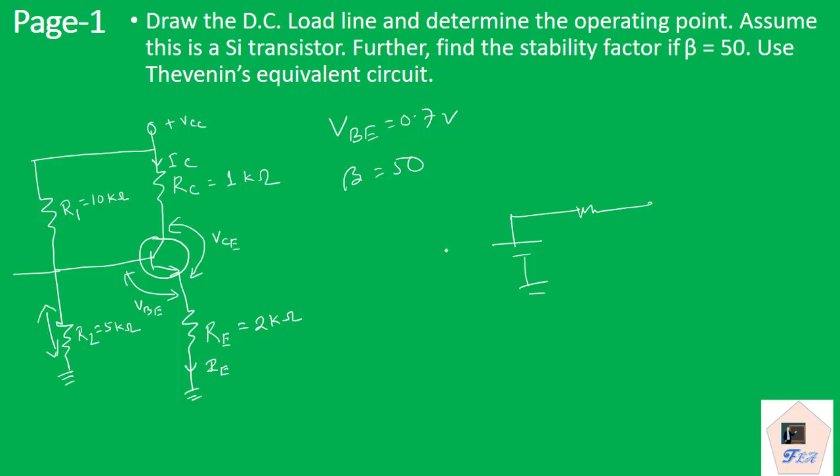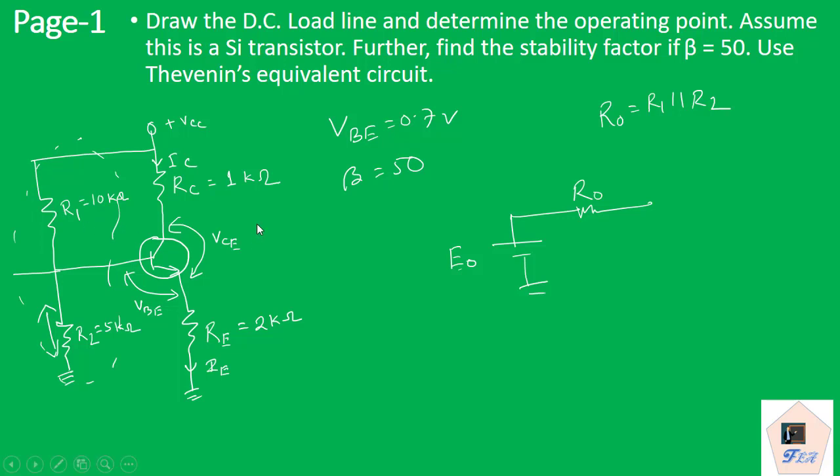So let us consider that as E0, and the equivalent resistor for this network will be R0, and R0 is nothing but R1 parallel R2. So this will be the Thevenin equivalent circuit of this entire section.